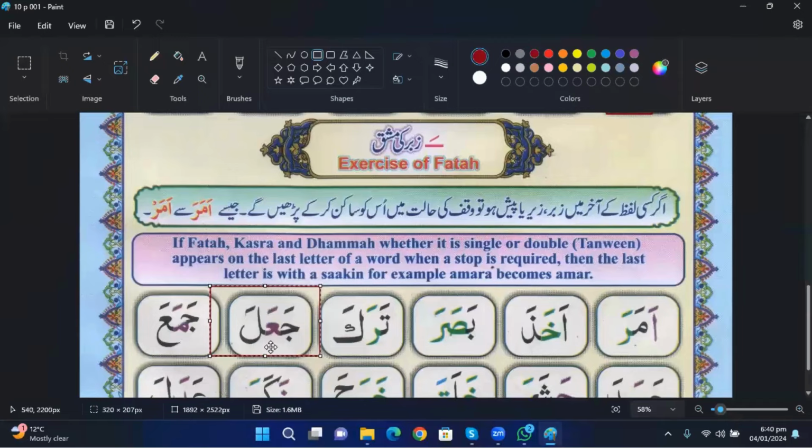For example, you need to join the letters one by one, not in one attempt. Like Hamza Fatha A, Mim Fatha Ma, Ama. Then Ra Fatha Ra, Ama Ra. If your students are going to read Hamza Fatha A, Mim Fatha Ma, Ra Fatha Ra, Ama Ra.